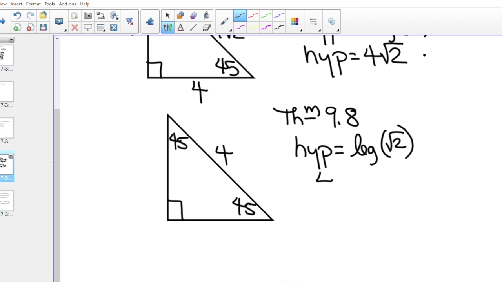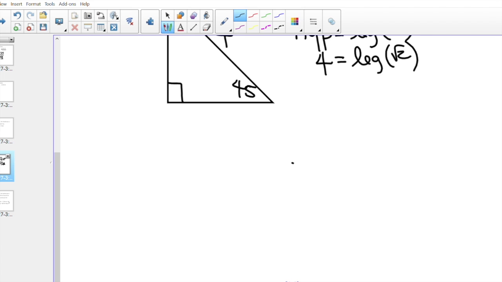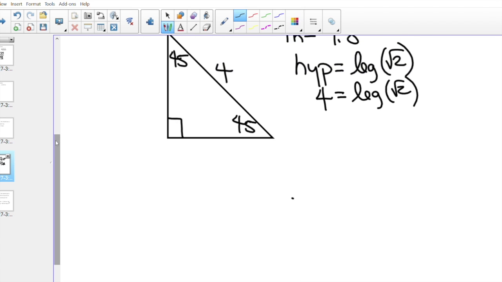So 4 is equal to the leg times the square root of 2. Now we've got to use some algebra concepts here. We want the leg by itself, so we're going to divide by the square root of 2.